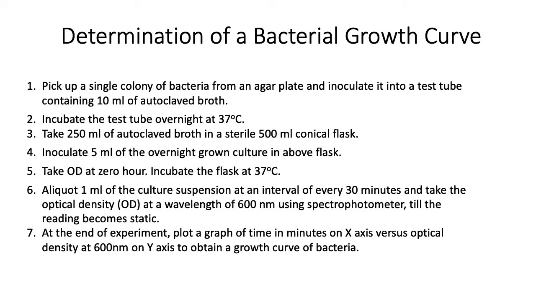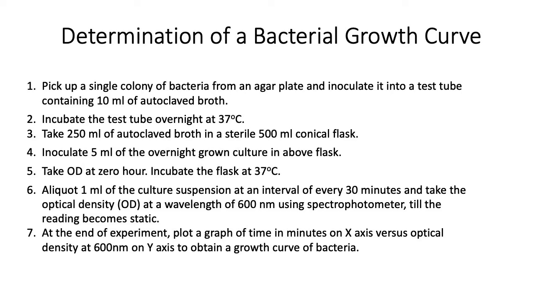You inoculate, let's say 5 mils, so half of that original tube, into this larger volume of broth, and then you start reading optical density. So you take the optical density at 0 hours, which we expect to be quite low, and then every 30 minutes you will take a small amount, let's say 1 mil of the broth, and measure the optical density. And you keep doing that until the reading becomes static, meaning it's going to plateau.